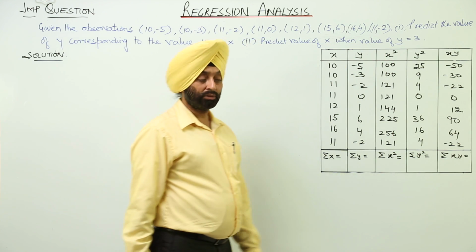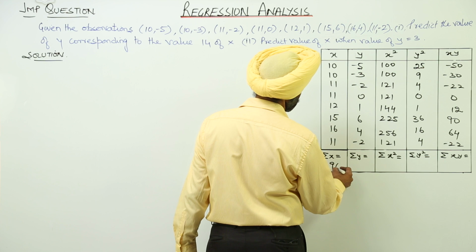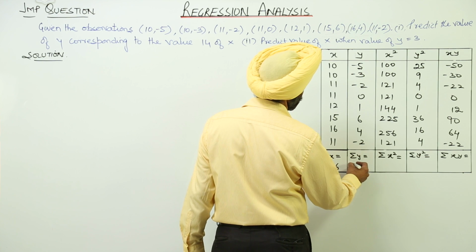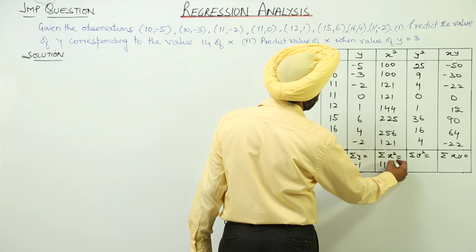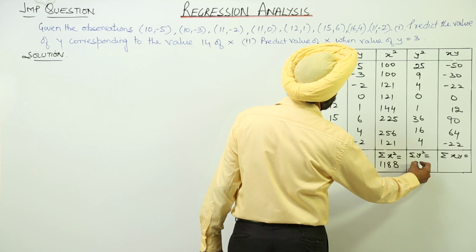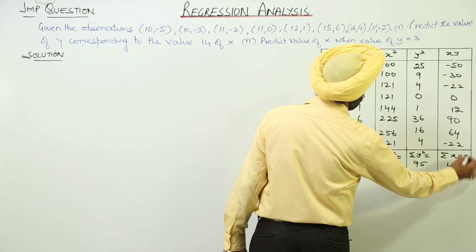So, this is the table. Now, summation of x becomes 96, summation of y is negative 1, summation of x square is 1188, summation of y square is 95 and summation of xy is 42.